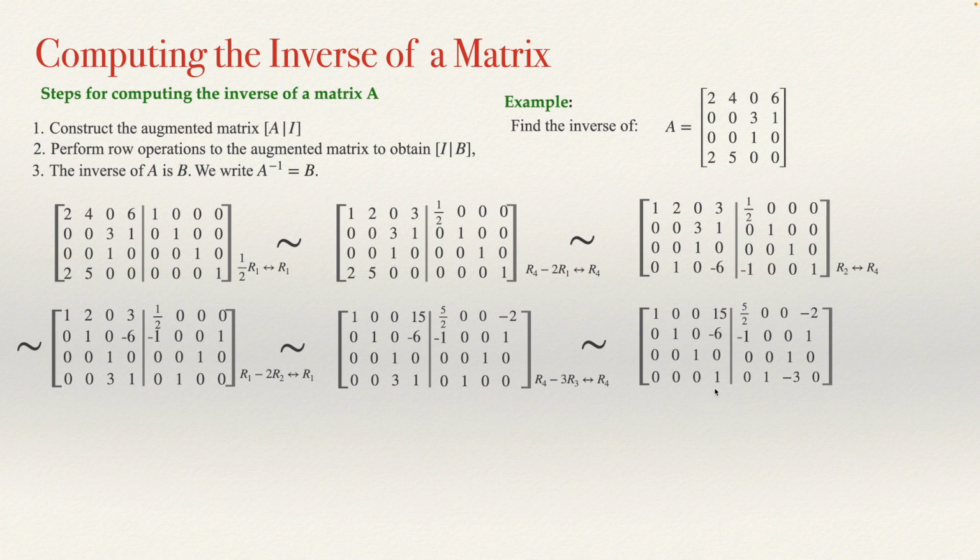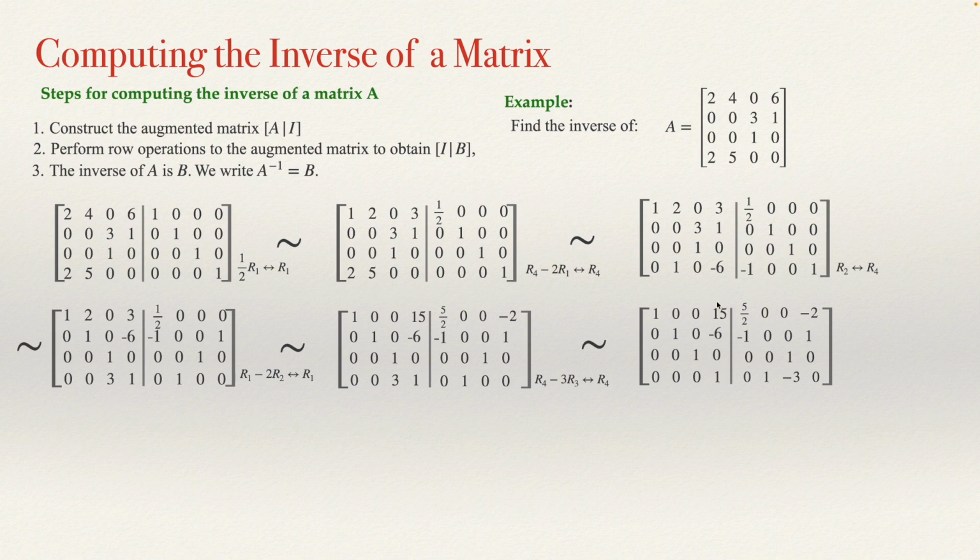Now we are going to the fourth column. If this is not number 1, if this is number 20, one way to make it number 1 is to divide this row by 20. In this case, it's already number 1, so I'm just focusing on this negative 6 and this 15. Put these at 0. How can I put this negative 6 at 0? This row plus 6 times the fourth row.